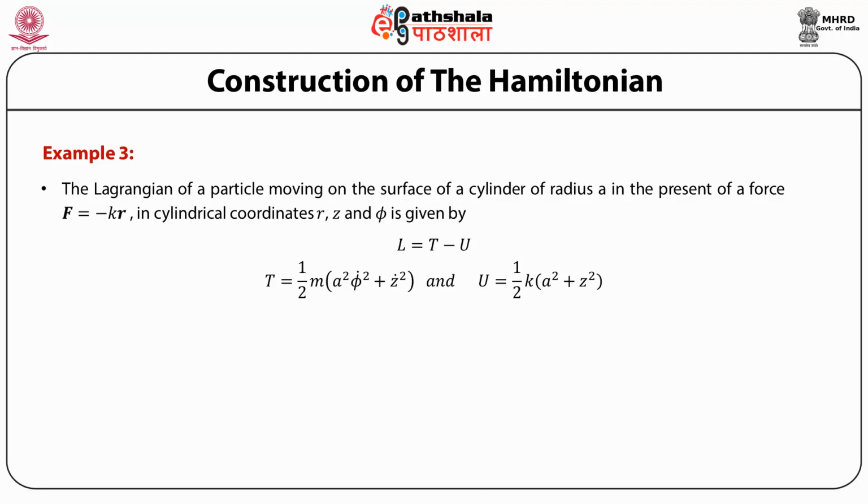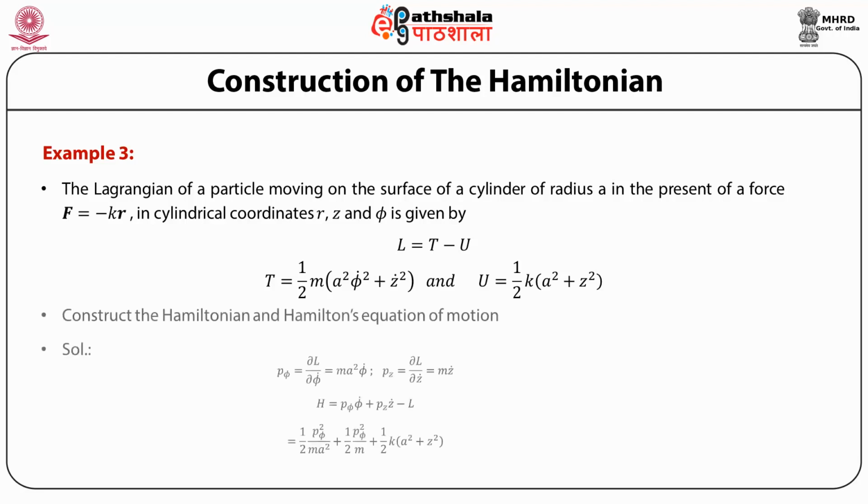So the kinetic energy is half m (a squared phi dot squared plus z dot squared), and the potential energy is half k r squared, which in cylindrical coordinates is half k (a squared plus z squared).